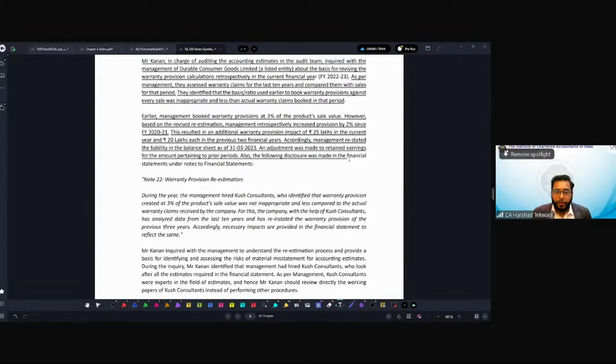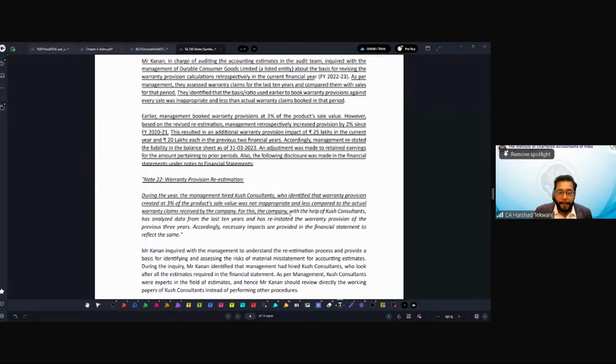An adjustment was made to the retained earnings for the amount pertaining to the prior periods. Also, the following disclosures were made in the notes to the financial statements. This is the disclosure of Note 22, Warranty. During the year, management hired push consultants who identified that the warranty provision created at 3% of the product sale value was not appropriate and was less compared to the actual warranty claims received by the company.